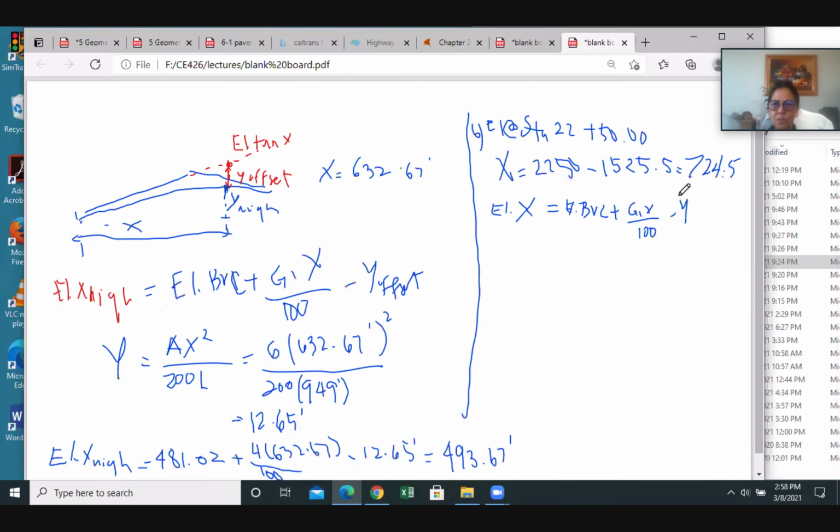So we wanted to know what is y. So y is equal to your offset, ax squared over 200L.